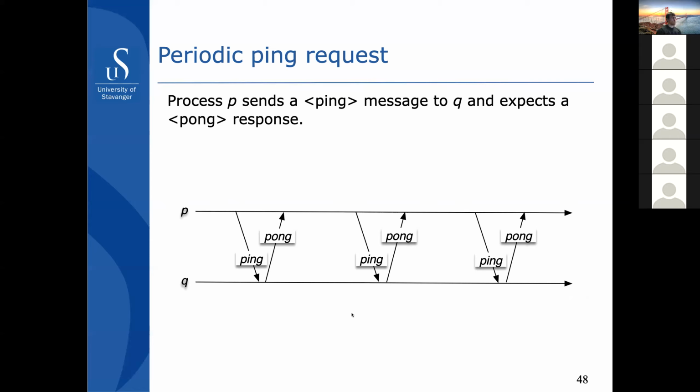So these two processes can continue sending these pings and pongs forever, and as long as both of them are replying, then they can reasonably expect that the other process has not failed.